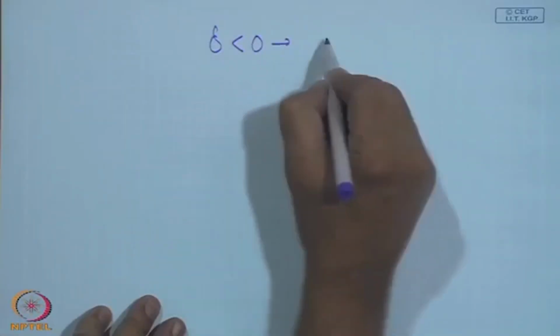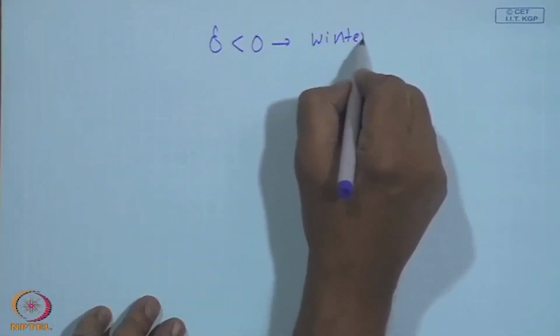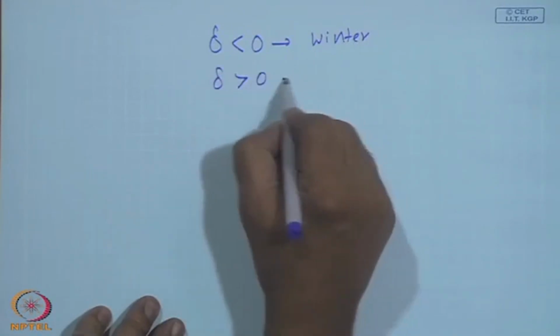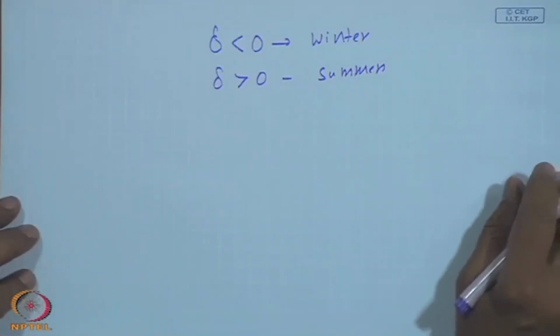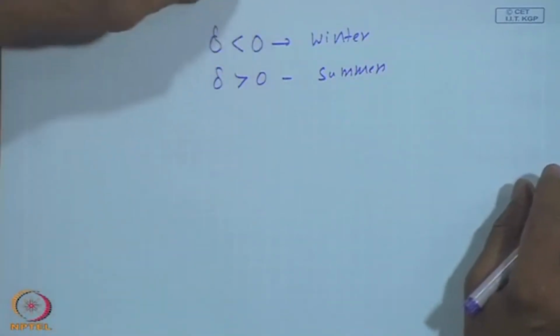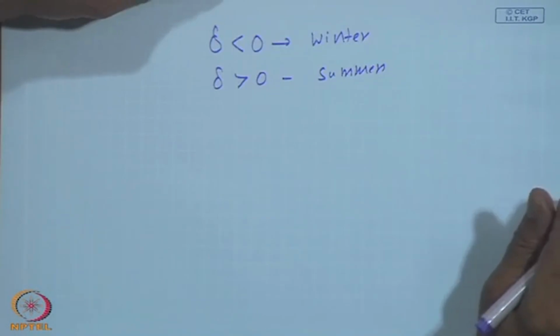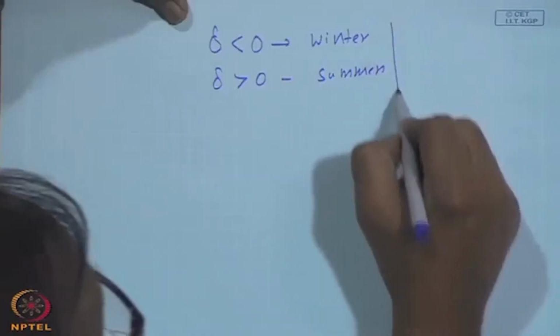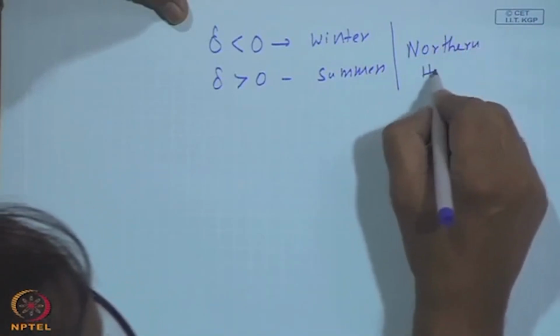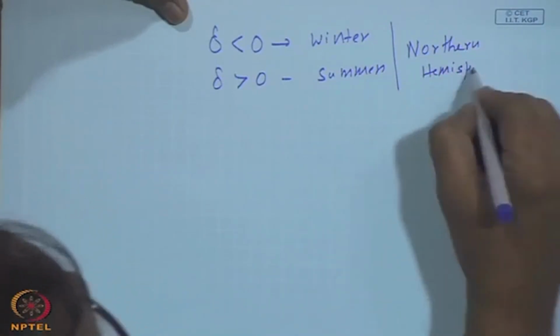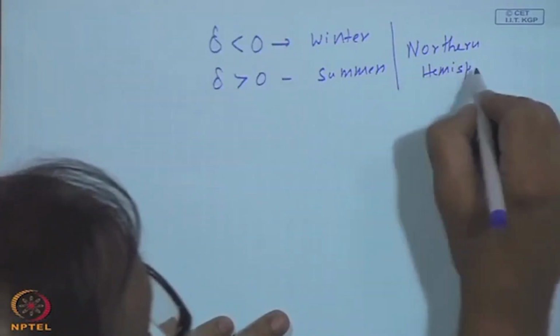Broadly speaking, delta less than 0 may be called winter, and delta greater than 0 summer. This is somewhat for my own convenience, because most of the discussion can be done in terms of positive declination and negative declination, though in between there is autumn, spring, rainy season, so many other seasons. So, we will just call it winter and summer. Mind you, this is for the northern hemisphere, that is, north of the equatorial plane.